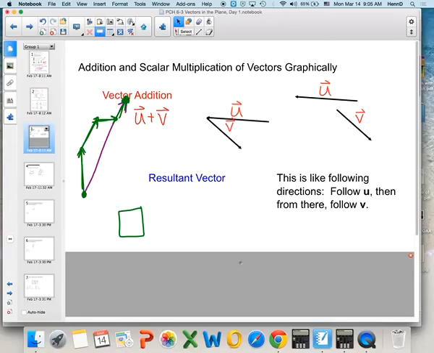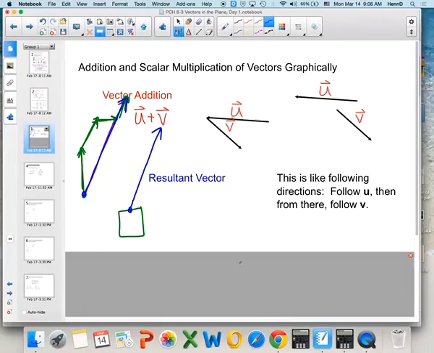So what's going to happen to this box? The resulting vector is going to be this. The box is going to be pulled in that direction with this magnitude, whatever that is. We can use trig and various other strategies to find out exactly what that magnitude and direction are.